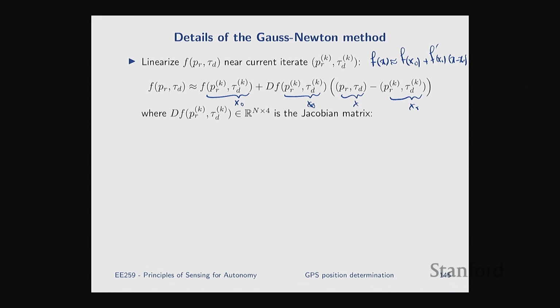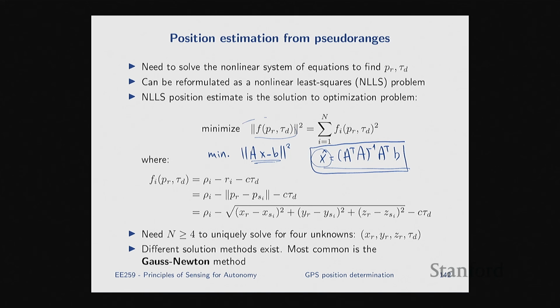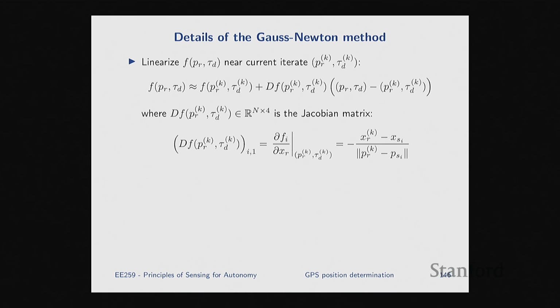But let's actually find what the Jacobian or the derivative of our f is. We explicitly know the function from here, right? These are the f_i's. So we can take the derivative of this with respect to x, y, z, and tau, and explicitly find the Jacobian. And if you do that, it's actually not too bad.